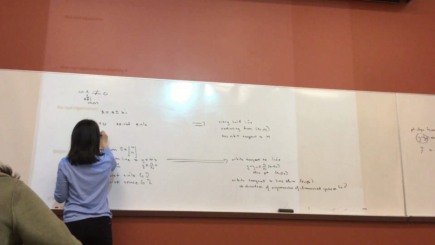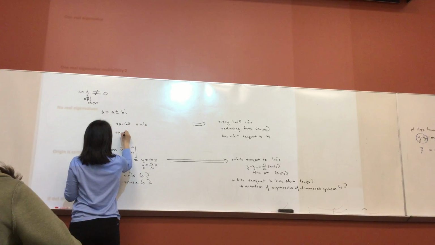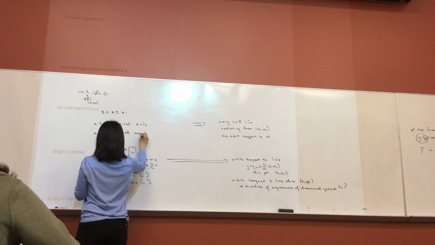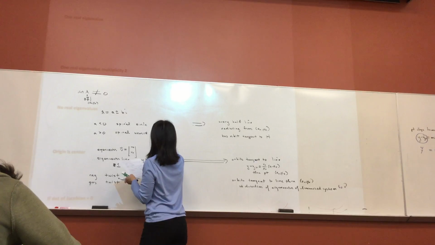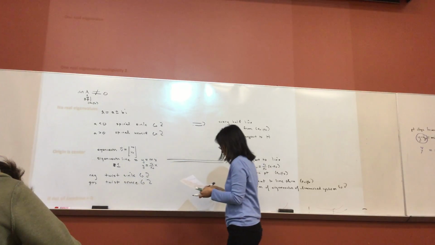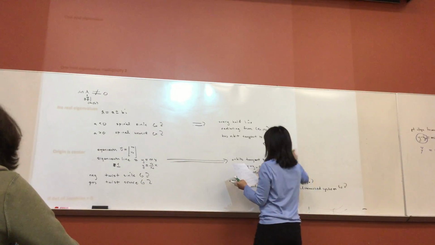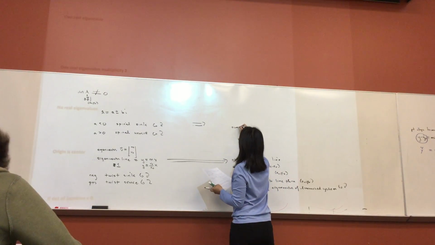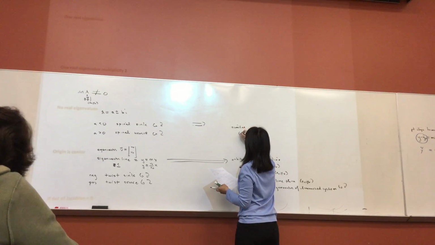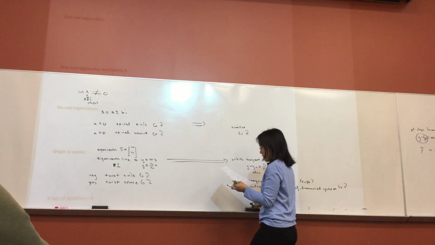If a is greater than 0, it's a spiral source. Exactly. Again, you have the counterclockwise and clockwise that I showed you how to do last time. And over here, it's similar.